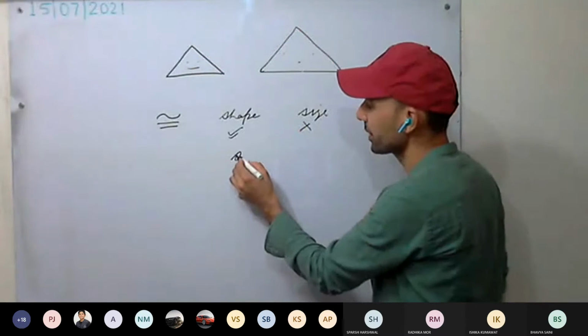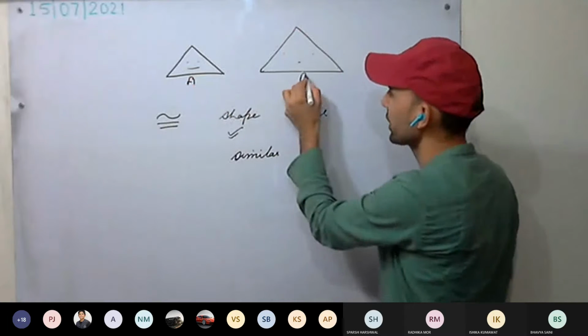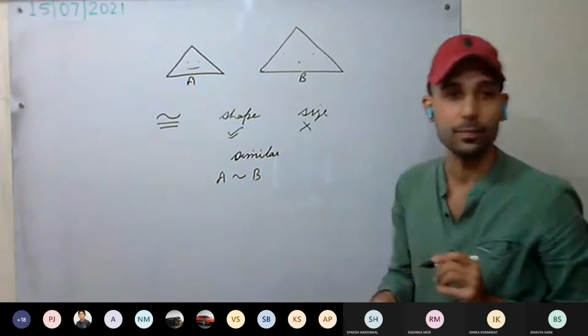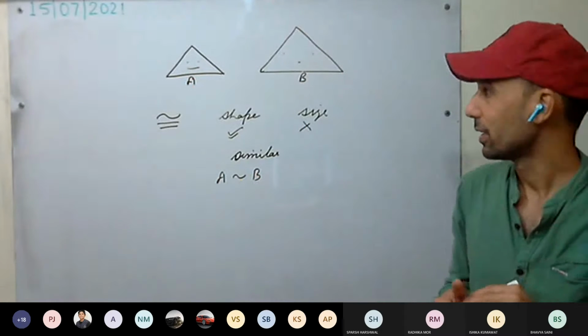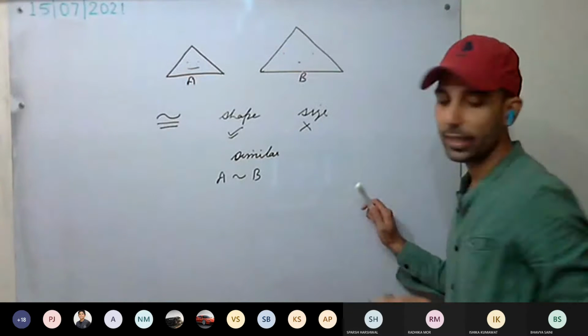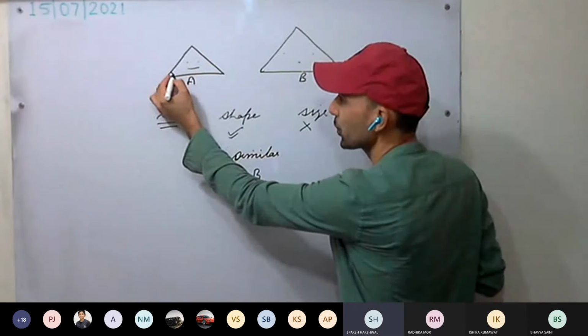So it means they are similar. If I put this as A and this as B, then A is similar to B. And in this case, what are equal? Angles are equal, corresponding angles.